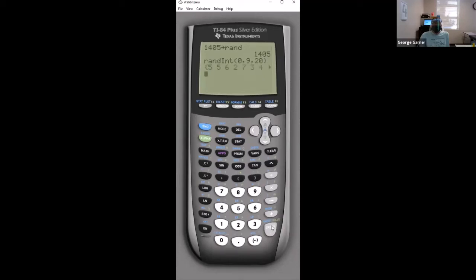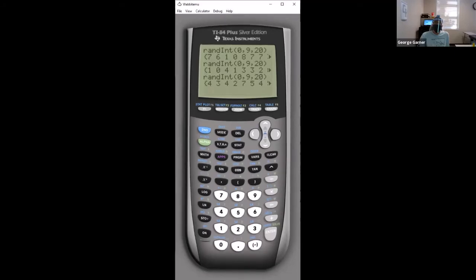Just hit enter, and don't highlight it or anything, you can scroll through them. And if you get done with that, you can just hit enter again, and again, and keep going. So that's how it works on the other calculator.